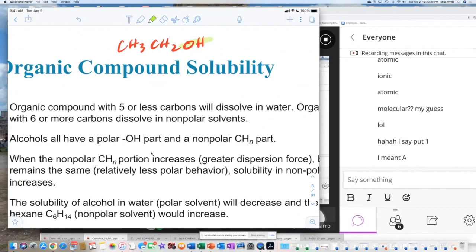This is the polar end, and the rest of it is the nonpolar end. Depending on how many carbons you have, the nonpolar end will begin to compete with the polar end.